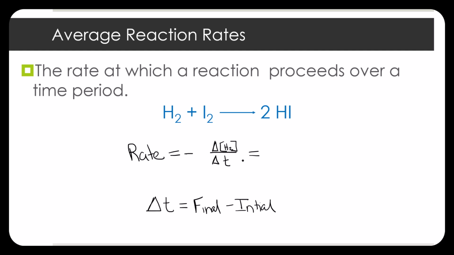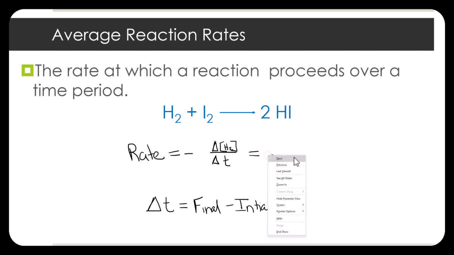What was the initial time? Typically it's 0 for time. If we're talking about the change in concentration for hydrogen, it's what was the concentration at some final time, what was the concentration at some initial or start time, and then we subtract those two. So change is always final minus initial.